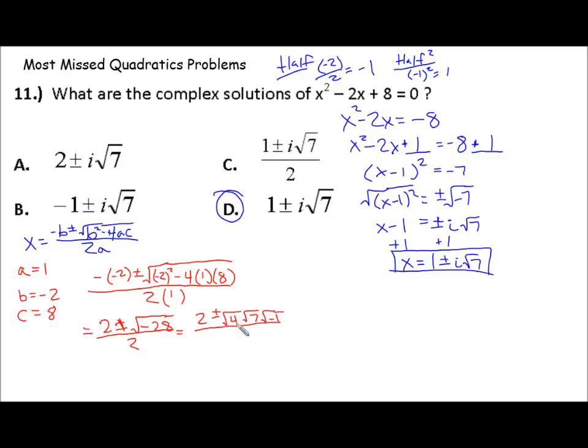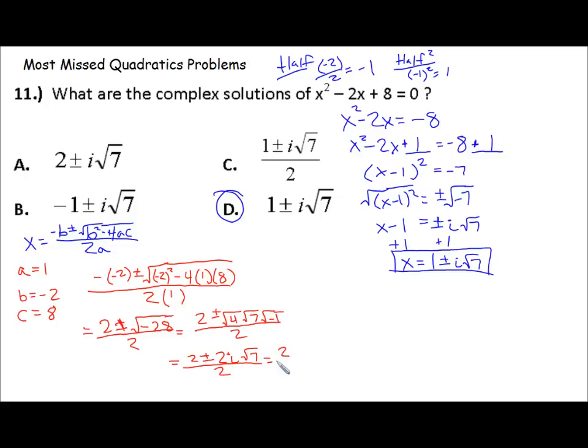So let me simplify by evaluating. The square root of 4 is 2. The square root of negative 1 I know is i. And this is the square root of 7. And all of this is being divided by 2. One thing we can also do to simplify it the furthest is split it into 2 separate fractions.